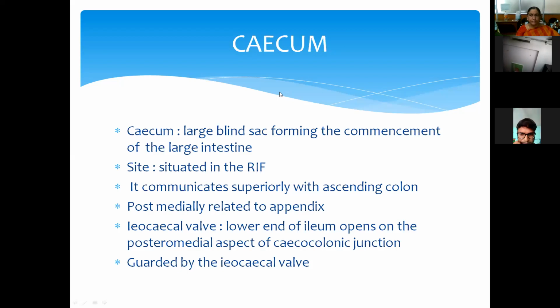You can mark it on the right iliac fossa. It communicates superiorly with the ascending colon. Posteriorly, it is related to the appendix. And ileocecal valve is the valve that guards the opening of the ileum into the colon. So it lies on the posteromedial aspect of the cecum. It is guarded by ileocecal valve.